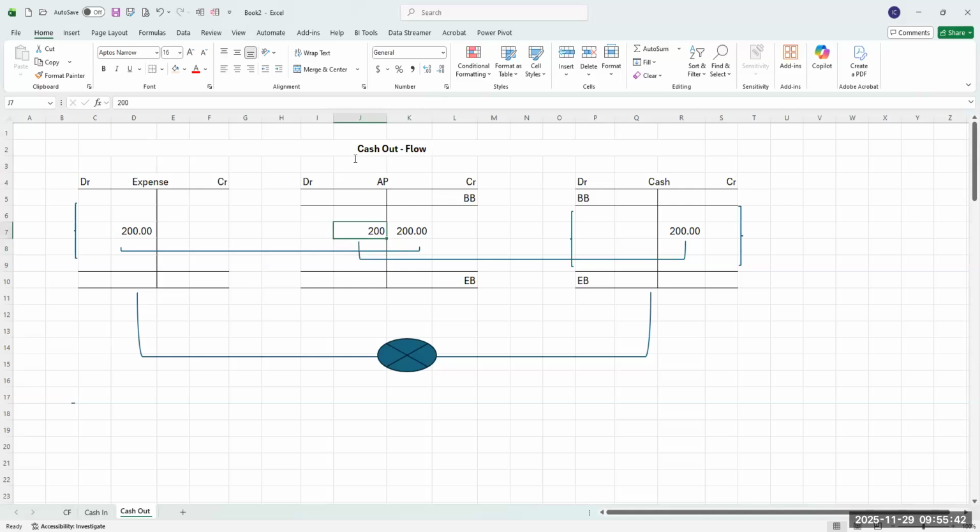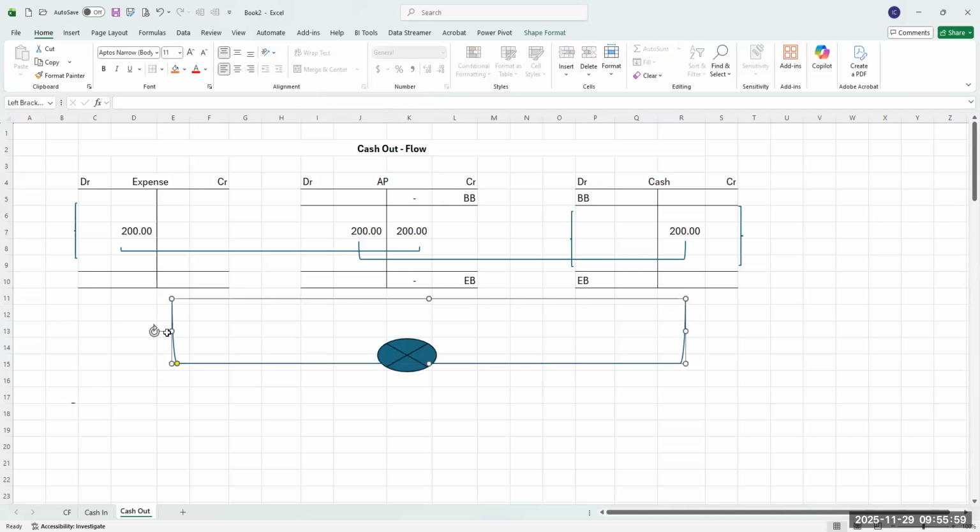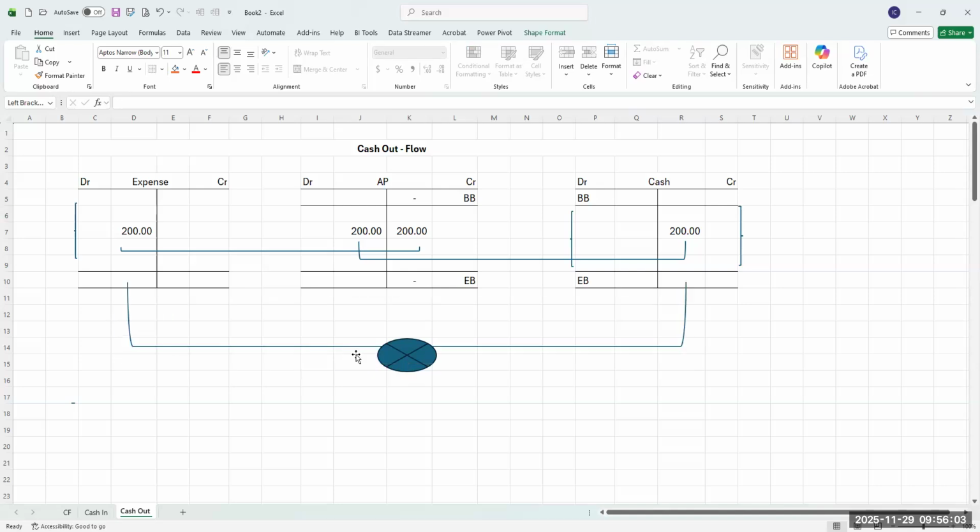Okay, so now let's see how this works. If my beginning balance on accounts payable is 0 and ending balance is 0, what does that mean? Whatever I purchase as expense, I already pay it.